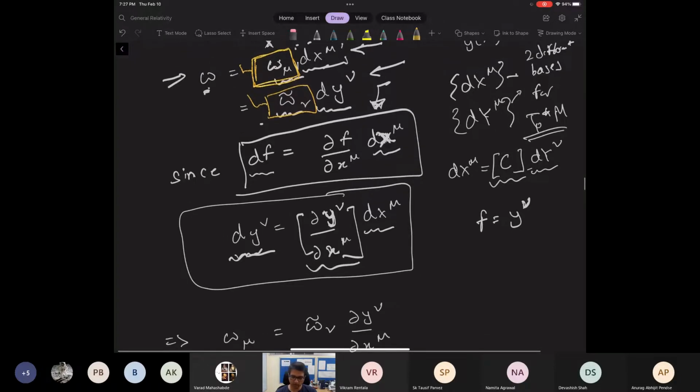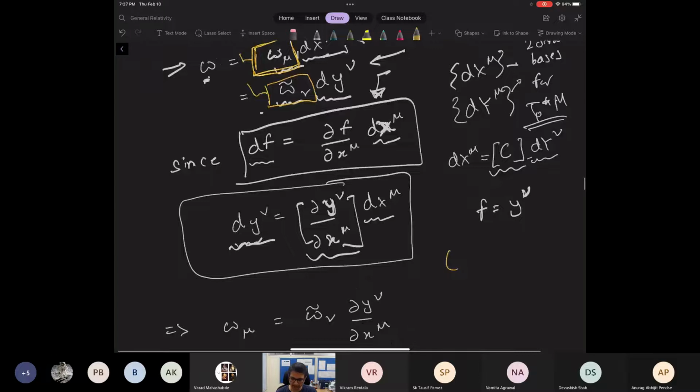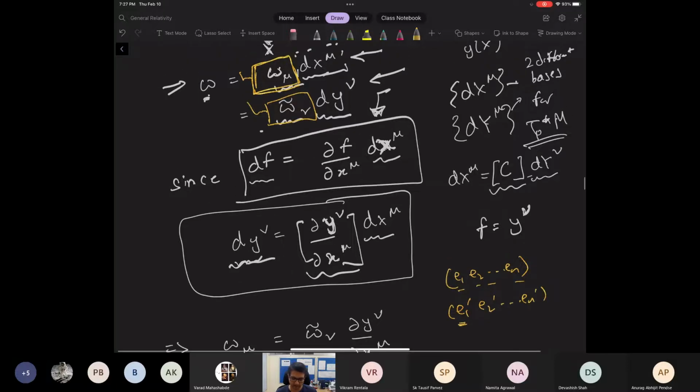The way to think of this is I have a row vector, and this corresponds to some basis e1, e2, en. And now I can take linear combinations of this and get some new basis. I want to express these new basis vectors as a linear combination of my old basis vectors. So what we did was we just found that transformation rule. And this transformation rule changes from one point to another on the manifold.